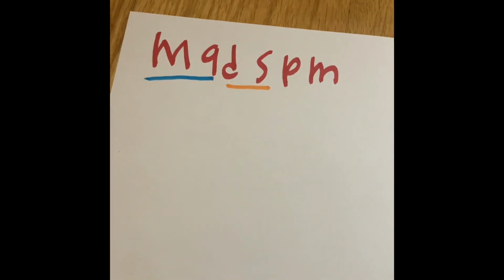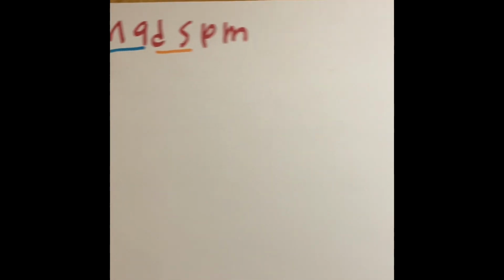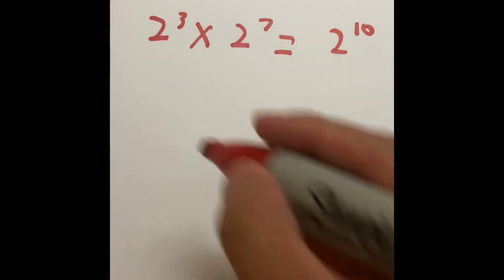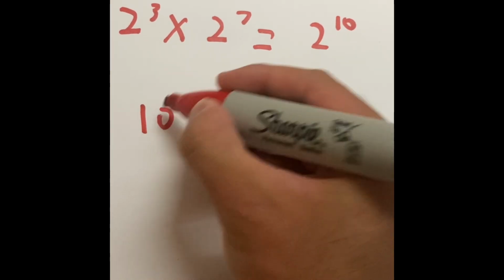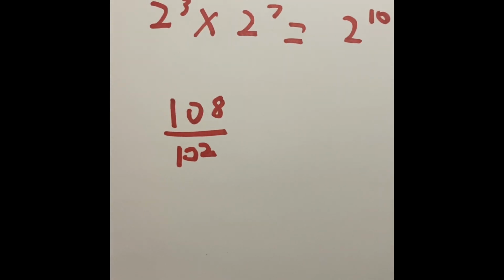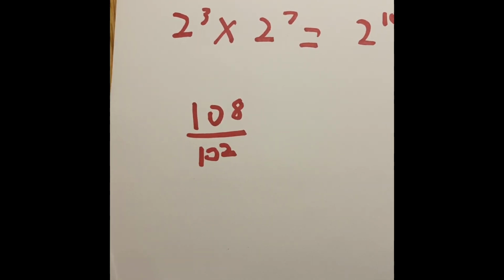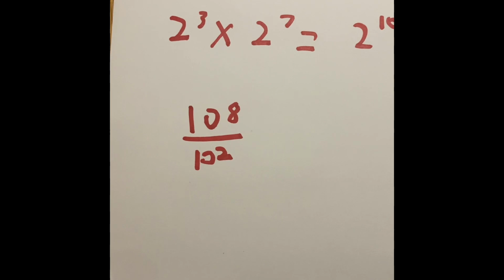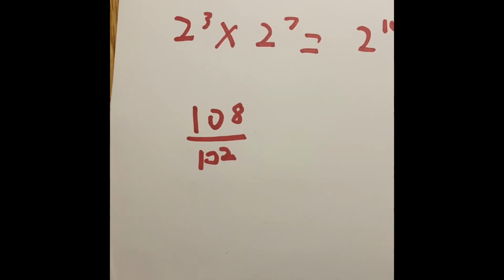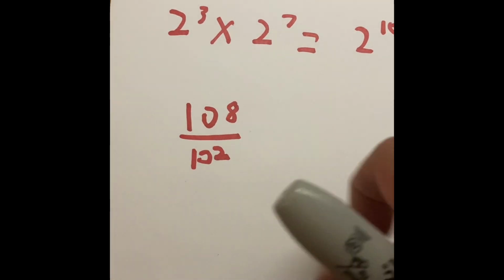The next one is almost the same thing, but instead of multiplying, we have to divide. But instead of dividing, we actually have to subtract the exponents. Sometimes in school, your teacher will give you 10 to the 8th power divided by 10 to the 2nd power. What they want you to do is use this method. But the first thing you probably did before learning it is expand both numbers all out and then cross out the zeros.